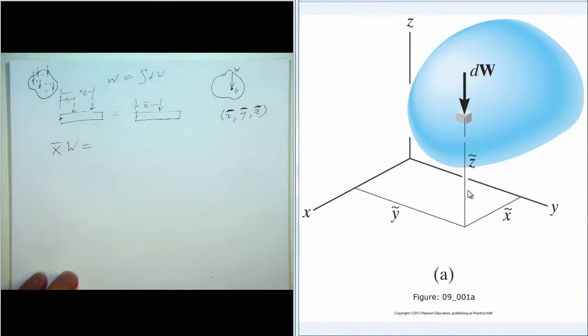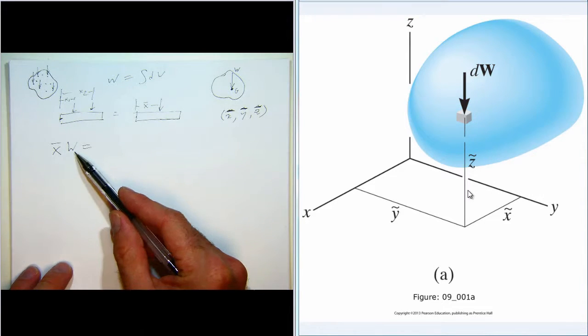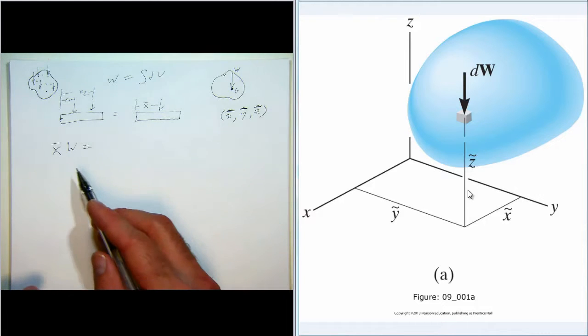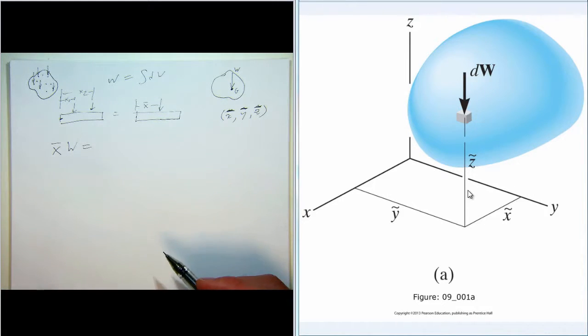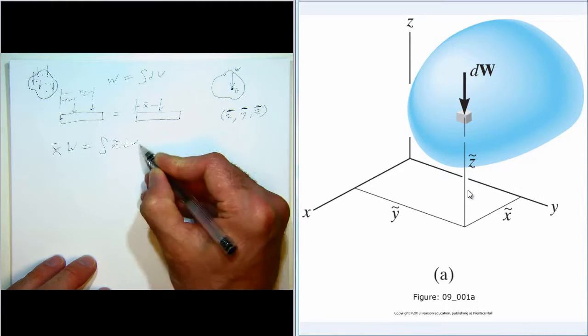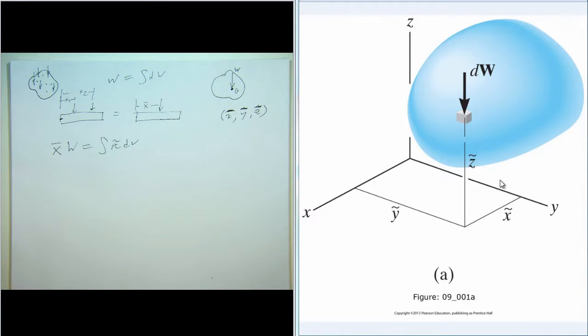So that's the moment that the weight generates about the y-axis. So the weight will be acting through point x bar, and so it'll generate a moment about the y-axis. And that has to be equal to the integral of x tilde dw. So that's equal to the summation of all these infinitesimal weights and the moments that they generate.